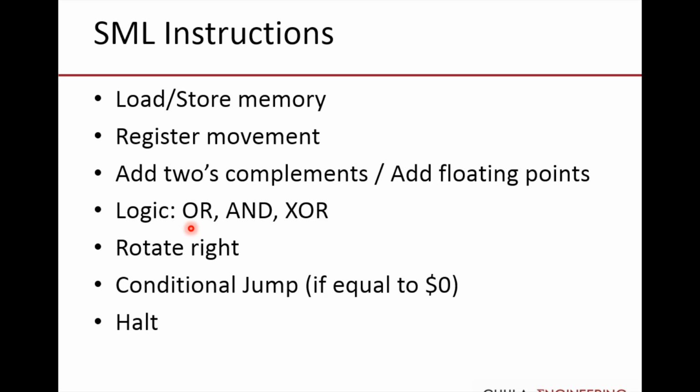We can perform OR and AND. Then we can perform the rotate right. For the rotate right, we shift the value to the right, and then we bring the rightmost bit and put it on the leftmost bit. Then we have conditional jump, and then we have the halt instruction.